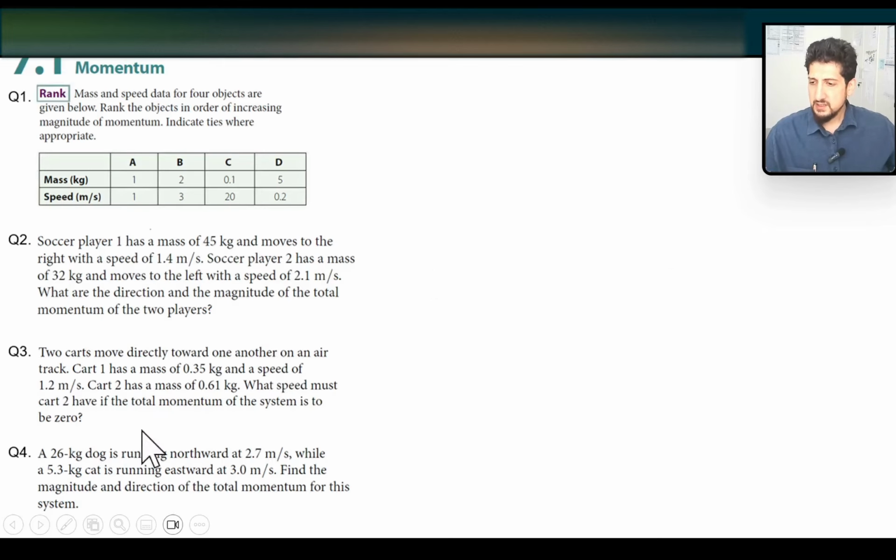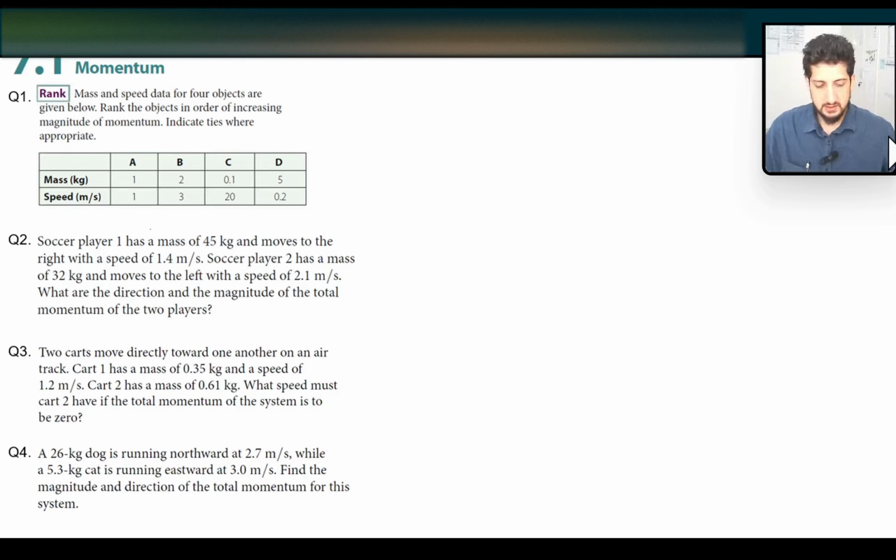Right, we are going to be answering these first. First and foremost, just give me a second, sorry, while I set myself up. Here we go. We've got a question here that says mass and speed data for 4 objects are given below. Rank the objects in order of increasing magnitude of momentum. Indicate ties where appropriate.